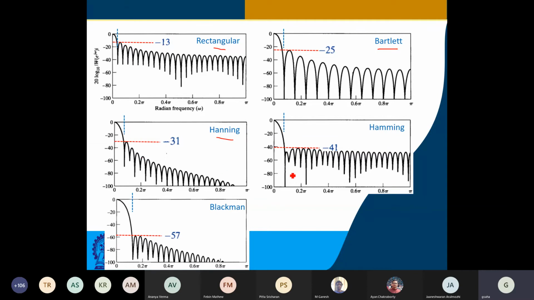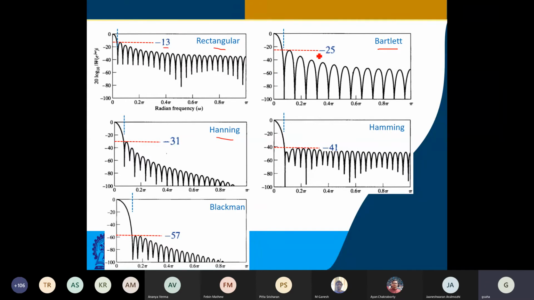So this is how they are plotted. But these days you have stronger visuals available through MATLAB, so you can look at it more clearly. So this is what they have put in the textbook. So this is minus 13 dB or so.